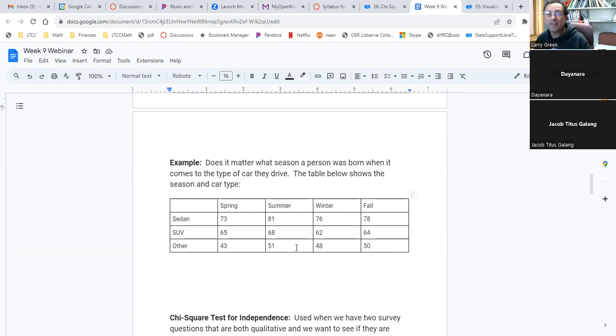Let me tell you what this is. If you notice, what would the survey be? What are you going to ask the person? It's not a yes, no question. Actually, there's no yes, no question on this one.